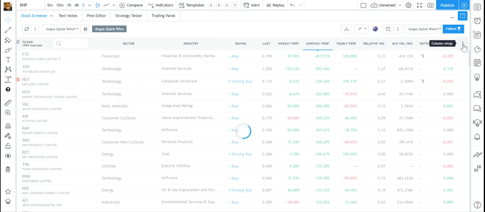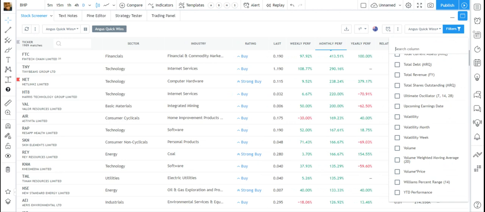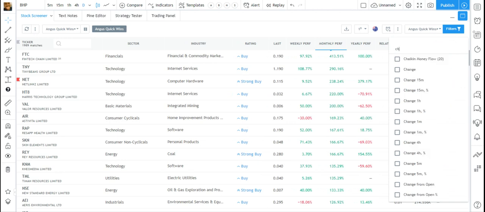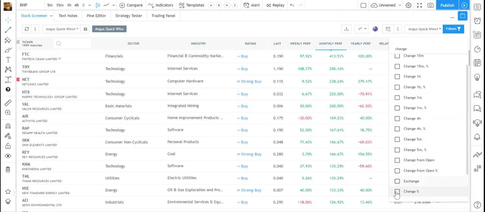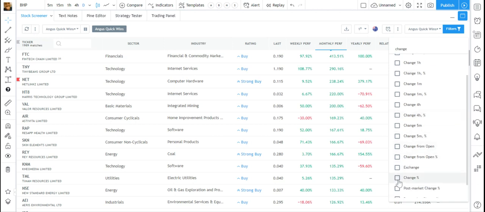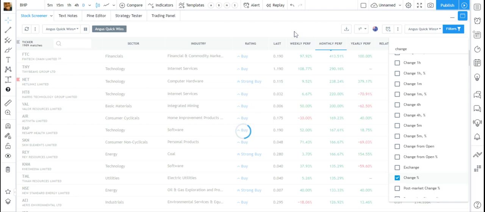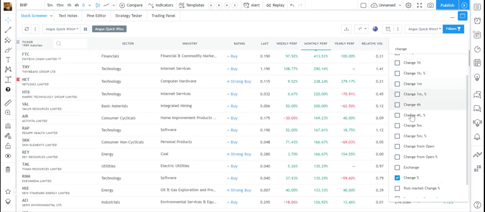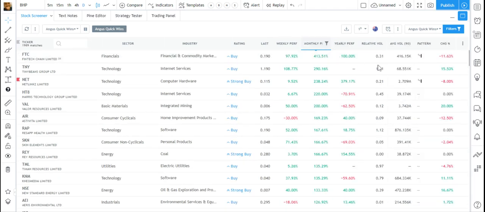I'm going to see if I can find him in here. Change, I'll just type in change. See, I've got change percent, that's the one I wanted. Oh, that one there. You got a crazy amount of things, change 1 hour, 1 minute, percentage, value, whatever you like.